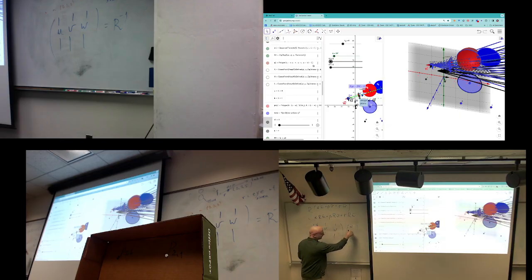You have a point in the XYZ plane whose coordinates are alpha, beta, gamma. What are you getting in return? You're getting alpha U plus beta V plus gamma W. This is just the same point, XYZ, just rotated by the matrix R.